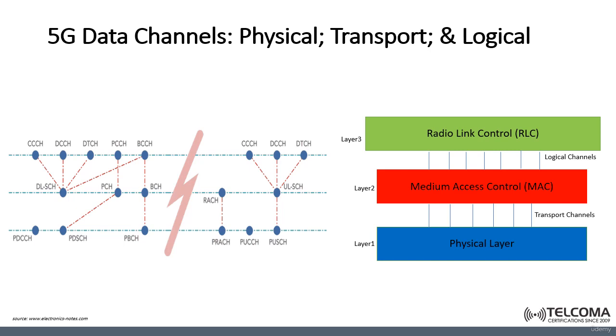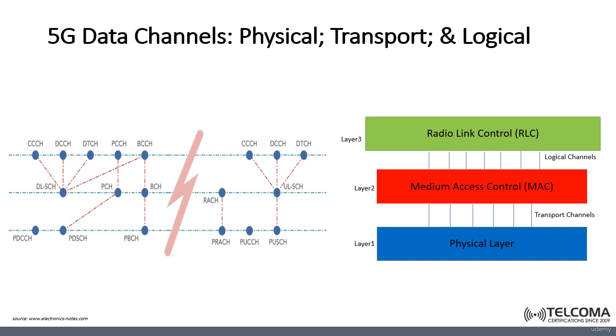Then we have the common control channel, CCCH, and this one is used for the uplink and for the downlink for transmission of the control information to and from the user equipment.